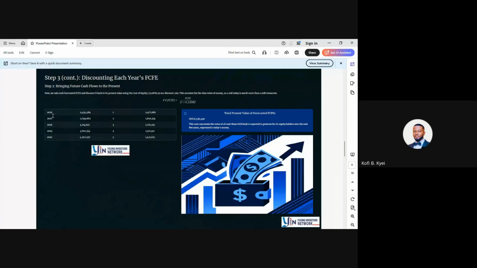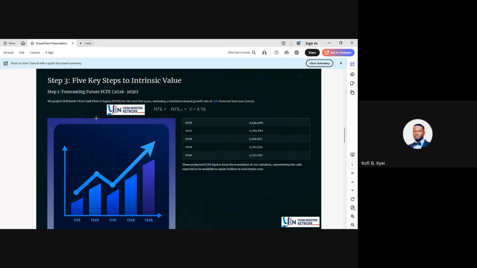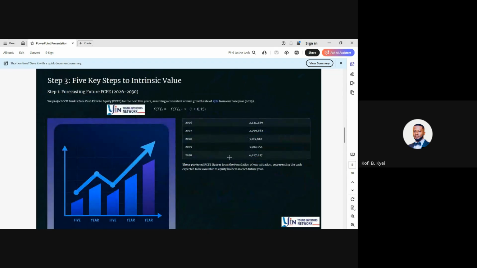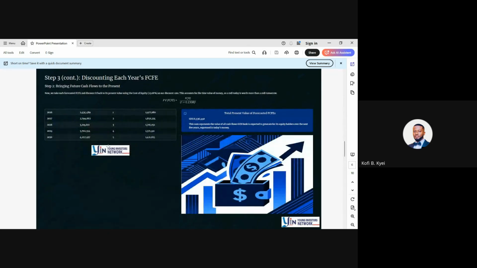Okay, so when you pick the free cash flow, the forecasted figures, you realize it's a continuous thing, so kindly follow. 2026 is 2434,489. That's the same thing we have here. And 2030 is 4257. That's the same thing we have here. So these figures are the forecasted figures. Now bring these figures into present value. This is where you apply these figures.